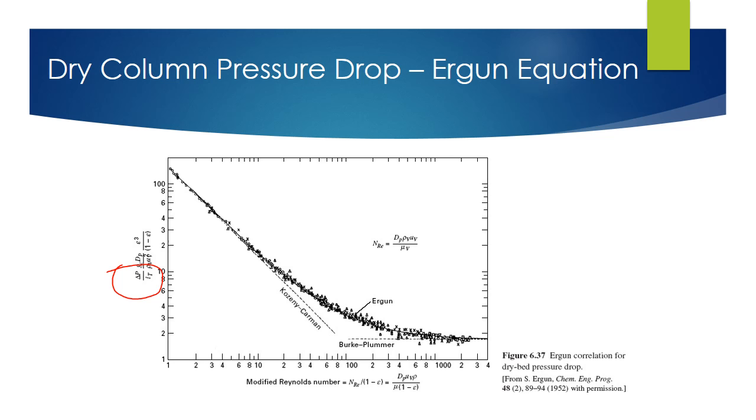And it also depends on some other characteristics. For example, epsilon appears here. That's the void fraction of the packing. There are other characteristics that appear in that. And on the vertical axis, we have the Reynolds number. So that depends, it has U sub V in it. So there's the correlation here between pressure drop and superficial gas velocity. So you could decide what velocity to use to get to a certain pressure drop.